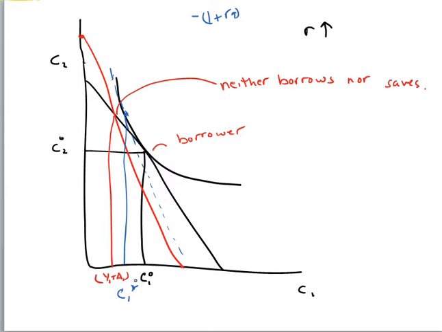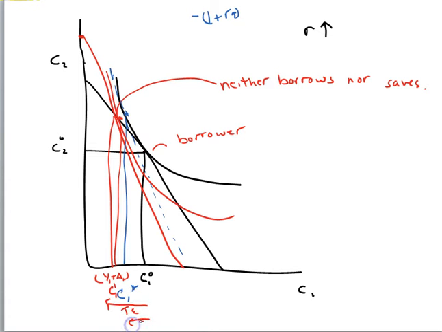And then let's do it in red. We'll find a new point and we'll call this C1 prime. So the total effect is the movement from C1 naught to C1 prime.